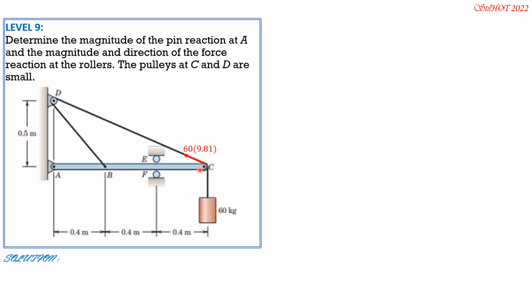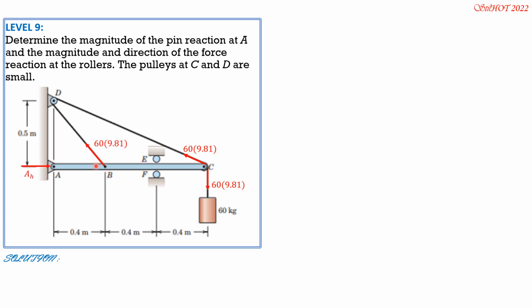The pulleys are very small, so the radius of the pulleys will be negligible. So 60 times 9.81, downward also is 60 times 9.81. Here it's 60 times 9.81.